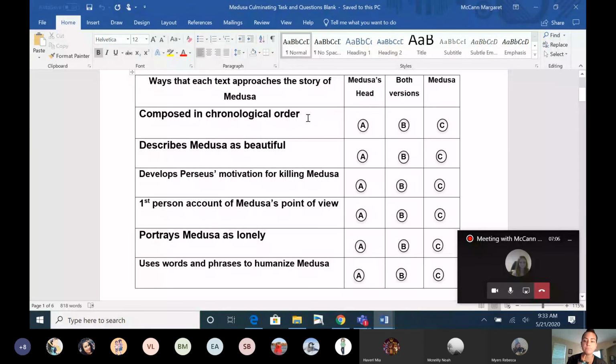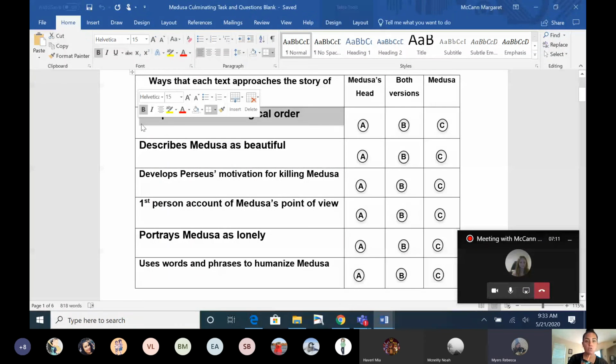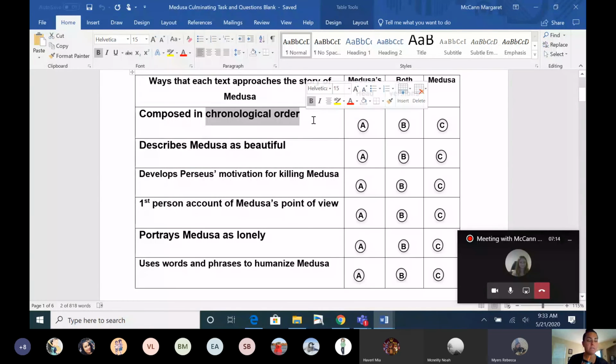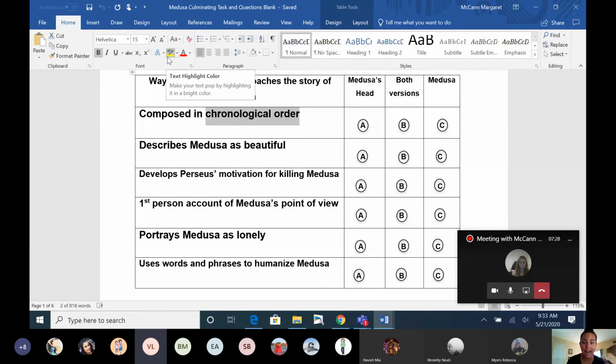So the first statement will say, composed in chronological order. Chronological order. Does anybody know what that means? Well, I'll tell you. Chronological order is when something is put in the order that it happened. So first event, second event, third event. It's not going in and out like past and future and present. It goes in exactly the order that it happened.